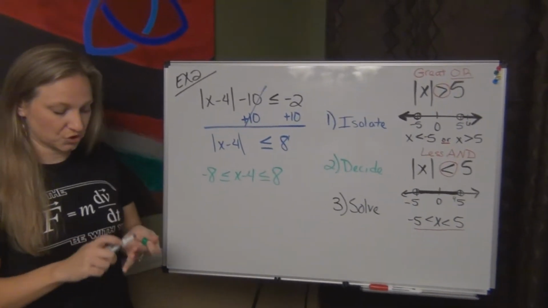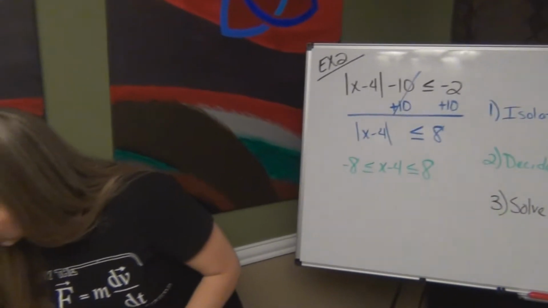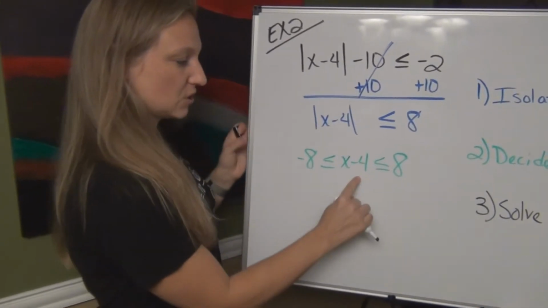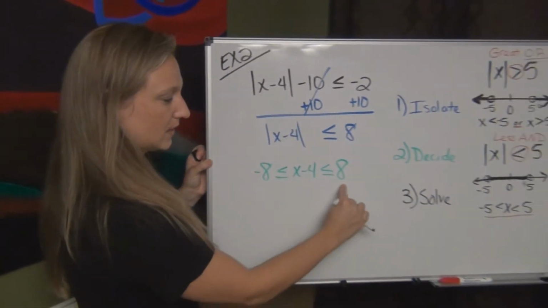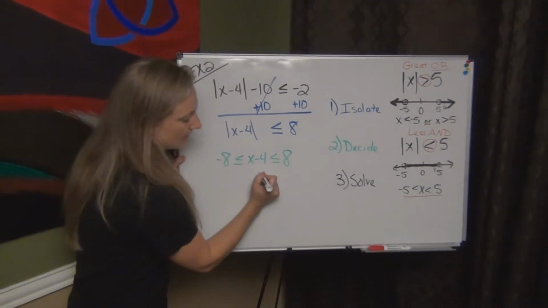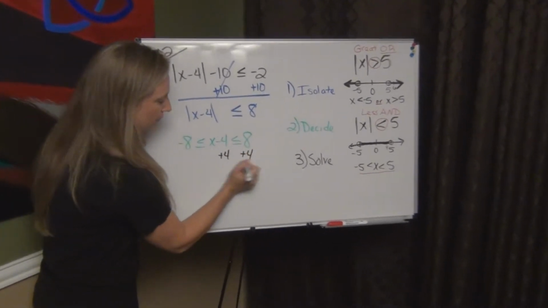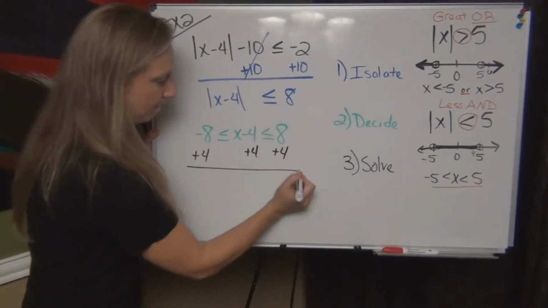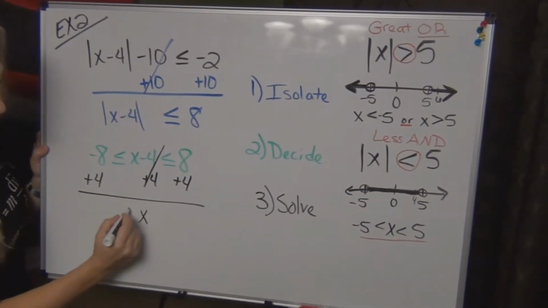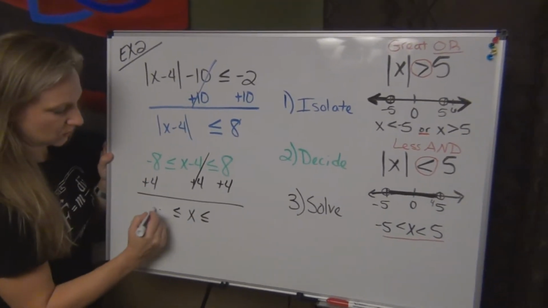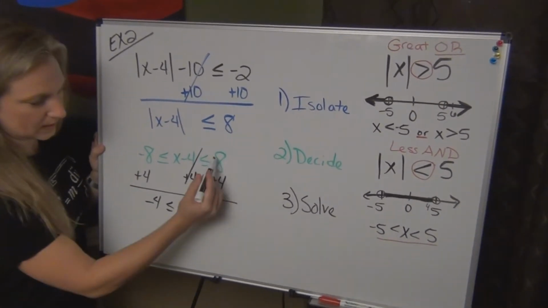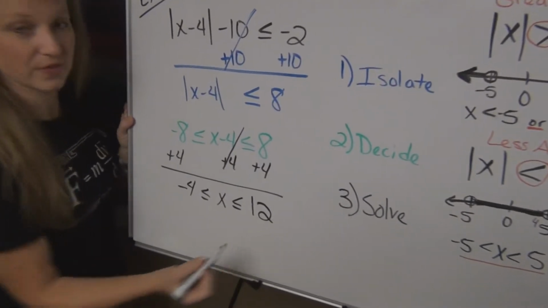Then I will solve in all 3 sections. So whatever I need to do to get this x by itself, I need to make sure and do it in all 3 places. In this case, I need to add 4 in all 3 places. So this is going to be negative 4 for this piece and 12 for this piece.